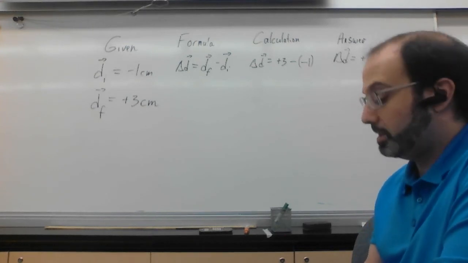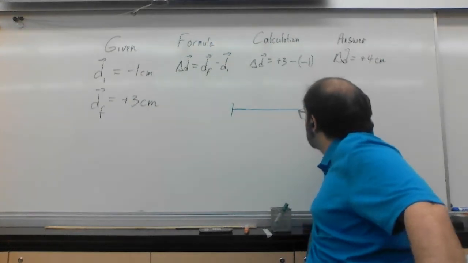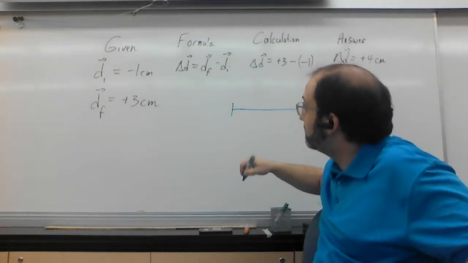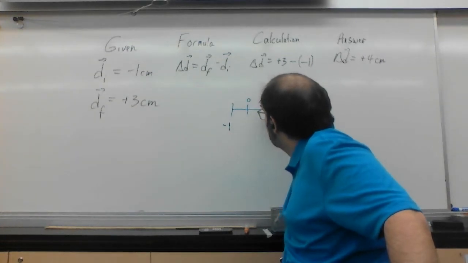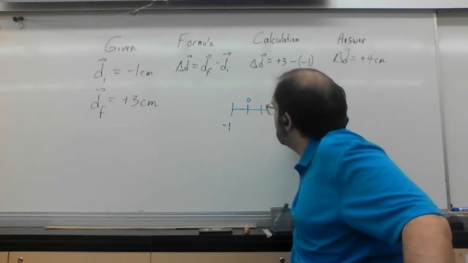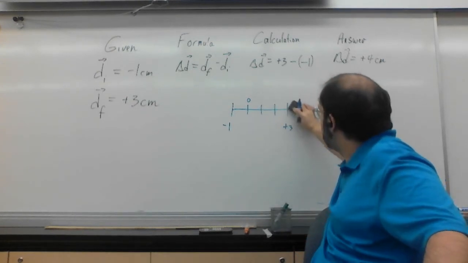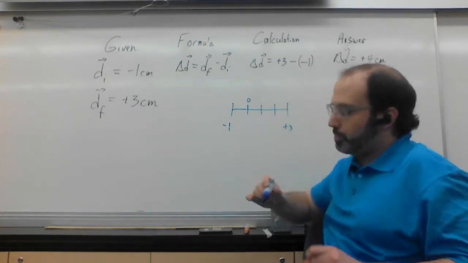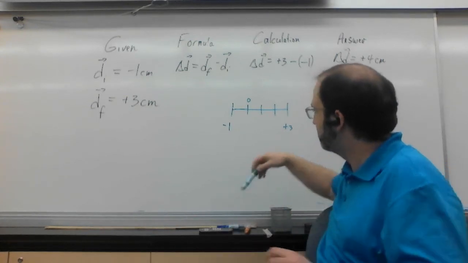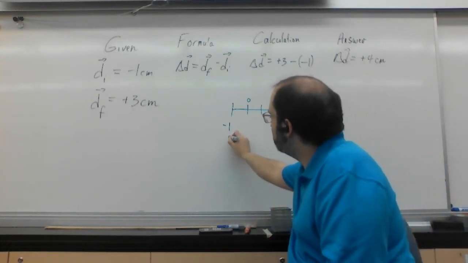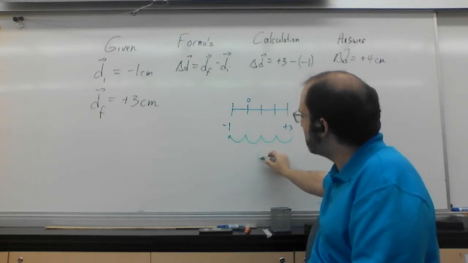Now, normally, if we were to draw a real quick sketch of a number line here, because we're going to do a lot of those, as you may have noticed. Let's see, we started ourselves at -1, so I'll just make this -1. Here's 0. 1, 2, 3. Here's +3. I don't need the rest of this number line. So we started here, and then we moved 4 steps.